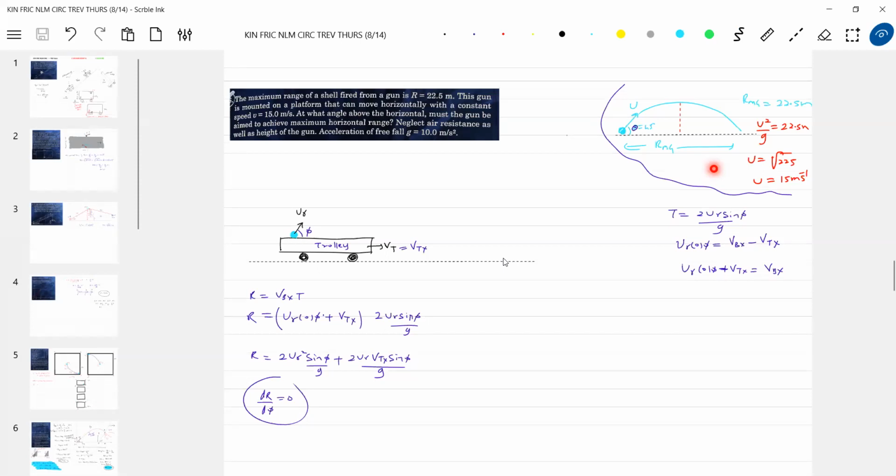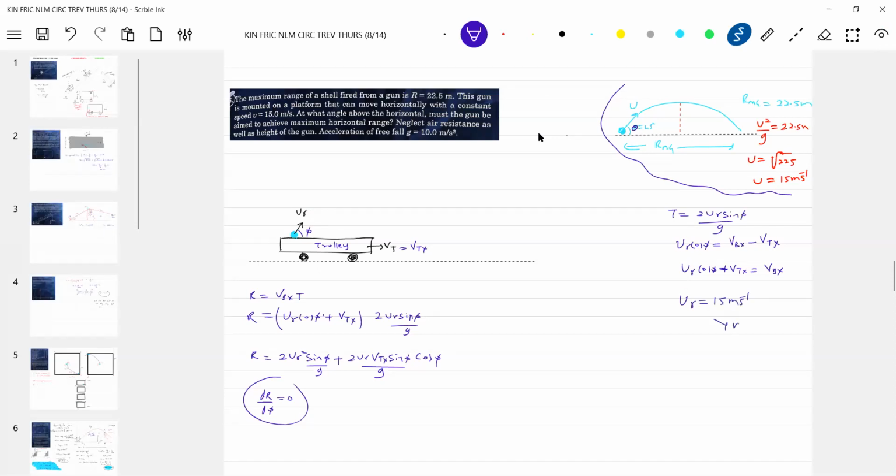Now I'll say that this is the muzzle speed of the gun. Since the gun is fixed on the ground, the muzzle speed will become absolute velocity. Now it is kept on a moving trolley, the muzzle speed will be UR only. So that UR is 15 only.